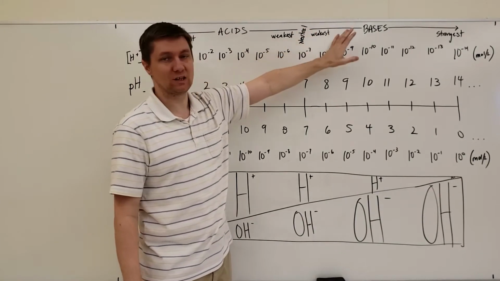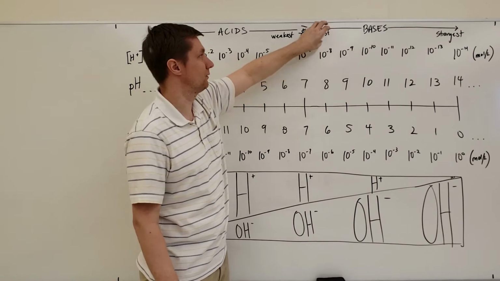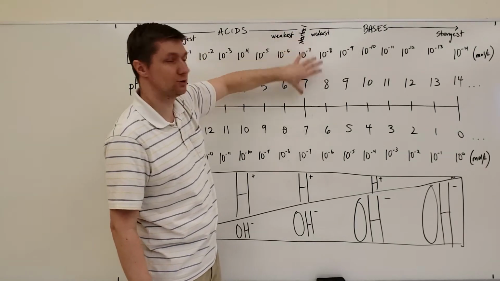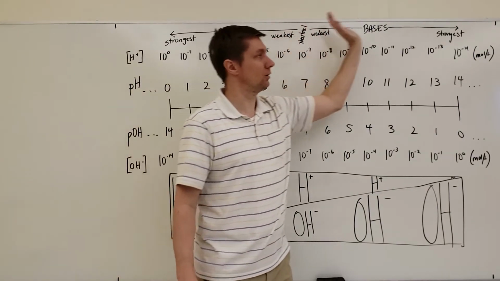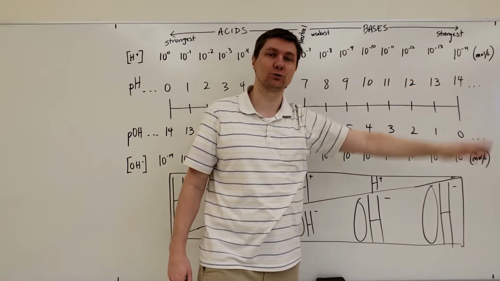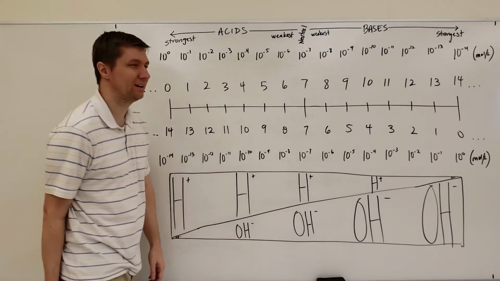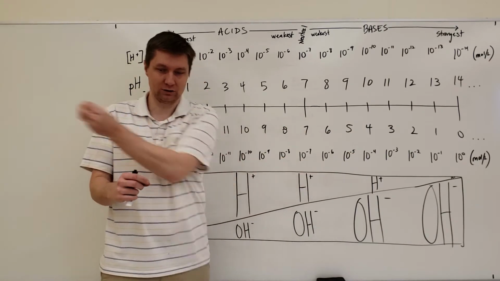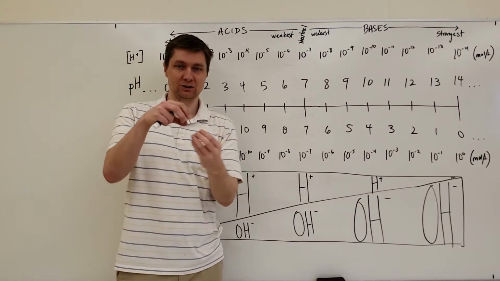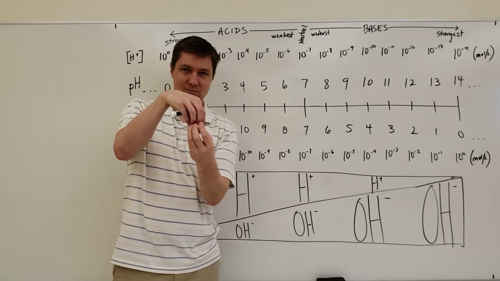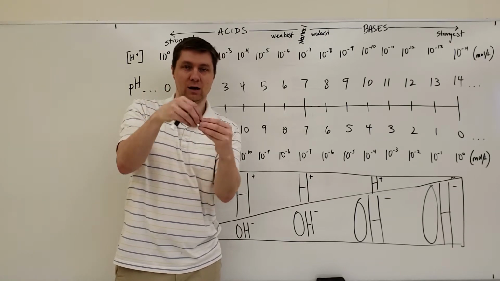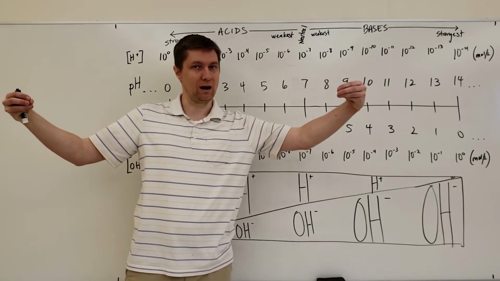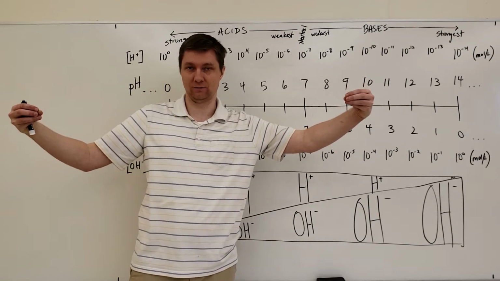Bases are the same way in the opposite direction. The weakest bases are close to neutral, and the strongest bases are furthest away from neutral. And so it's a slightly different setup, where many scales go small to big this way. The pH scale starts in the middle of the scale, at neutral, and then we get stronger as we move out to the edges of that scale.